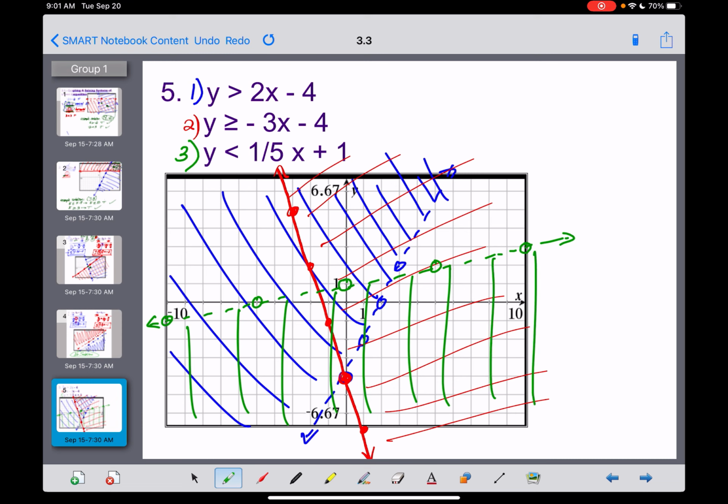So now we've graphed 3 lines and we've shaded 3 regions. So now our solution is not the double shaded region anymore, it is the triple shaded region. And it's tough to see, but it looks like we have a triangular region right here in the middle, guys, that looks like it is shaded by the blue and the red and the green.